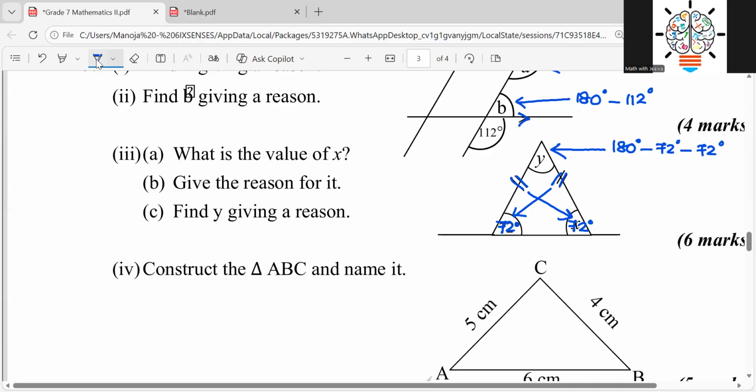You know the reason. When you have the triangle, you have 3 interior angles, they add up to 180. And if you have already found the 2 other angles, if you deduct them from 180, you get the remaining angle, right? So you can show the steps. First, x is equal to 72 because this is an isosceles triangle. And how do you find the other one? You deduct 72 and 72 from 180. The reason: angles in a triangle add up to 180.